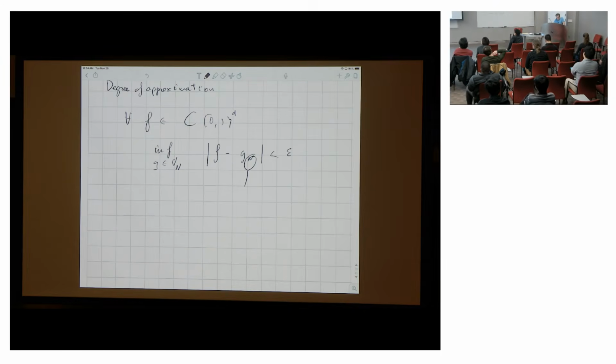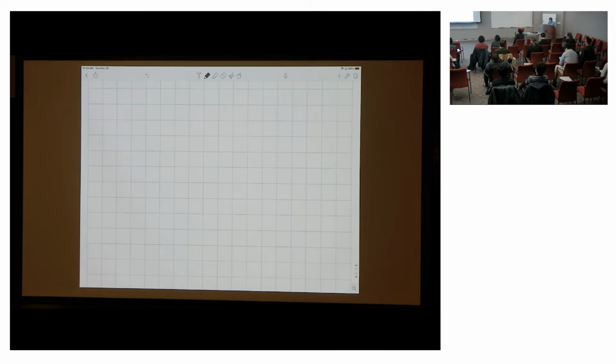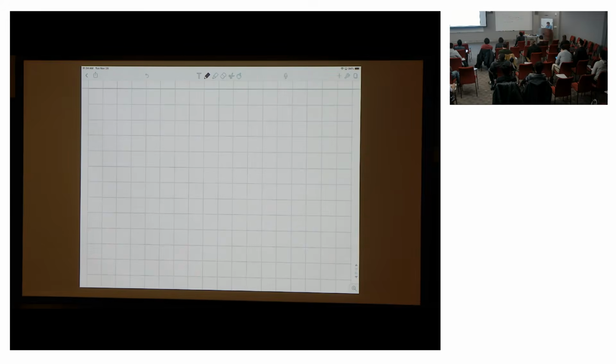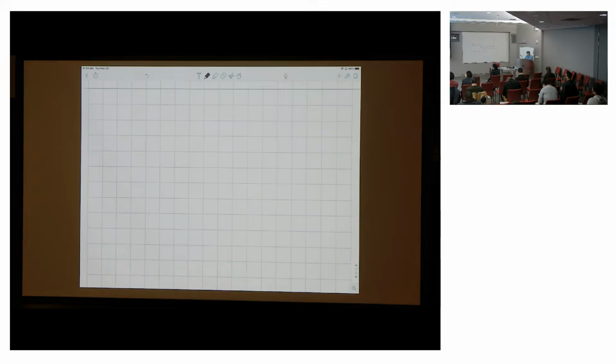So let's write a theorem that is something relatively old. It is the curse of dimensionality one. If you have a function in this space, this would be a Sobolev space.